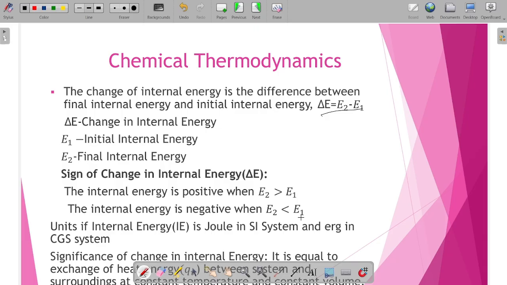The units used for internal energy are joule in the SI system and erg in the CGS system. You can calculate the change in internal energy in joules or erg.